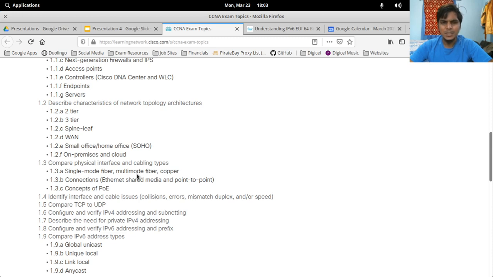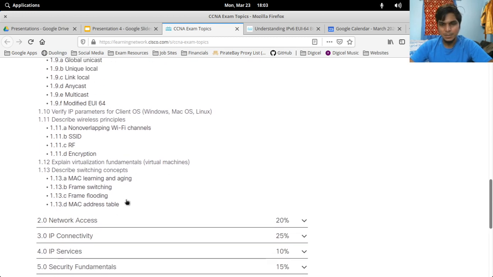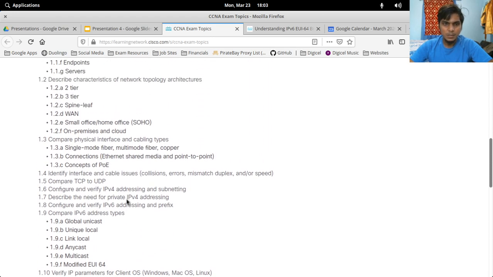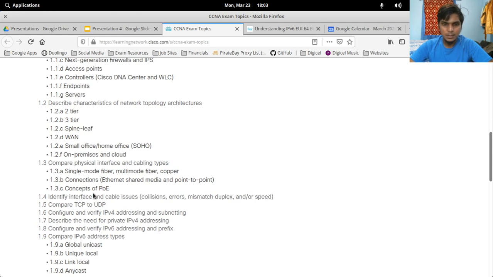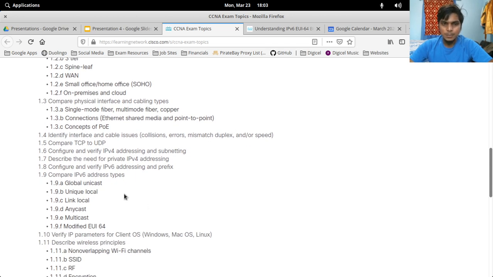They probably wanted to make sure you all have the foundations set, and then we'll go into the more complex topics. So we covered all of these things, and at the start of the presentation I have a brief review of the interface and cable issues, and then TCP and UDP, and a bit about IPv4 addressing and subnetting as well. We'll do a brief recap on that at the start of this class, and then we'll dive into some more topics.